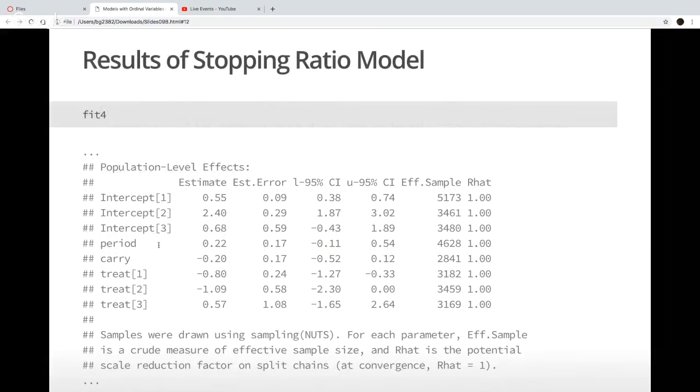one of the issues with this is we might want to enforce some more structure on how the treatment effects vary across categories of the outcome.